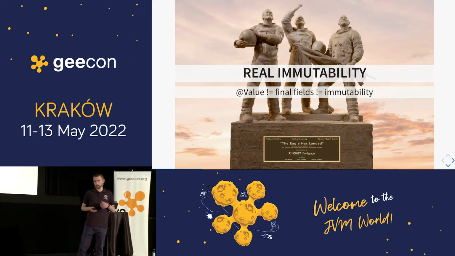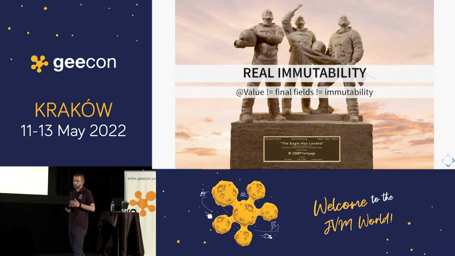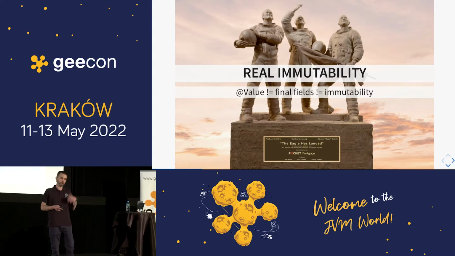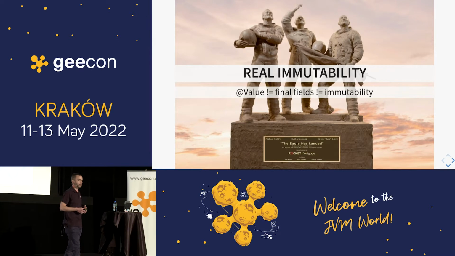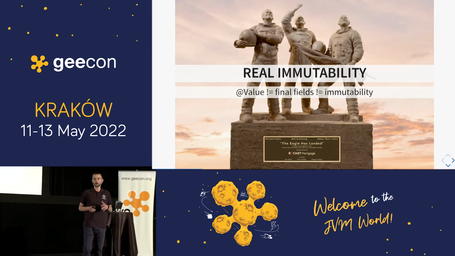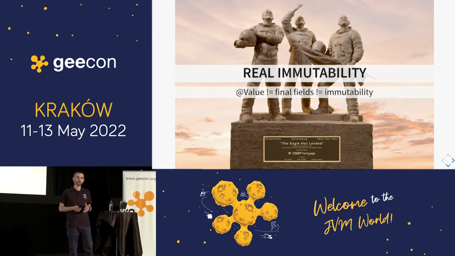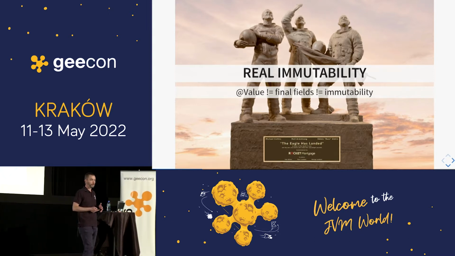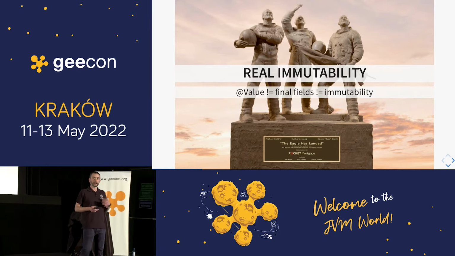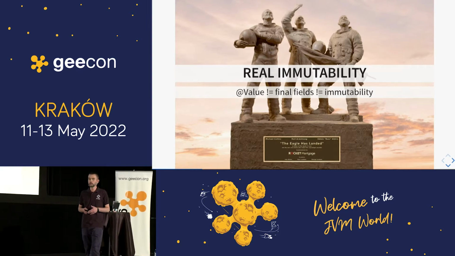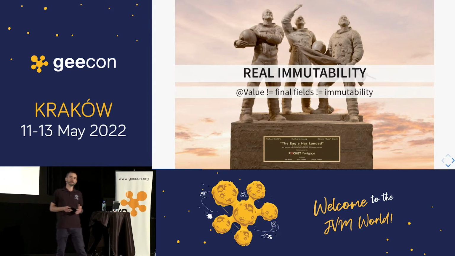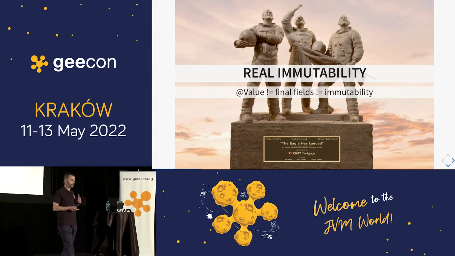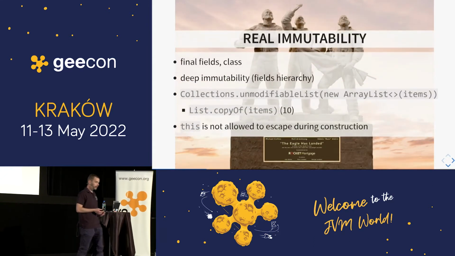And it's good to know that using Lombok's Value or just writing a final class or final fields isn't enough to create a really immutable class, but there is nothing wrong with this. I mean, except for hashing or concurrency, often you don't need really immutable objects, and it is OK.